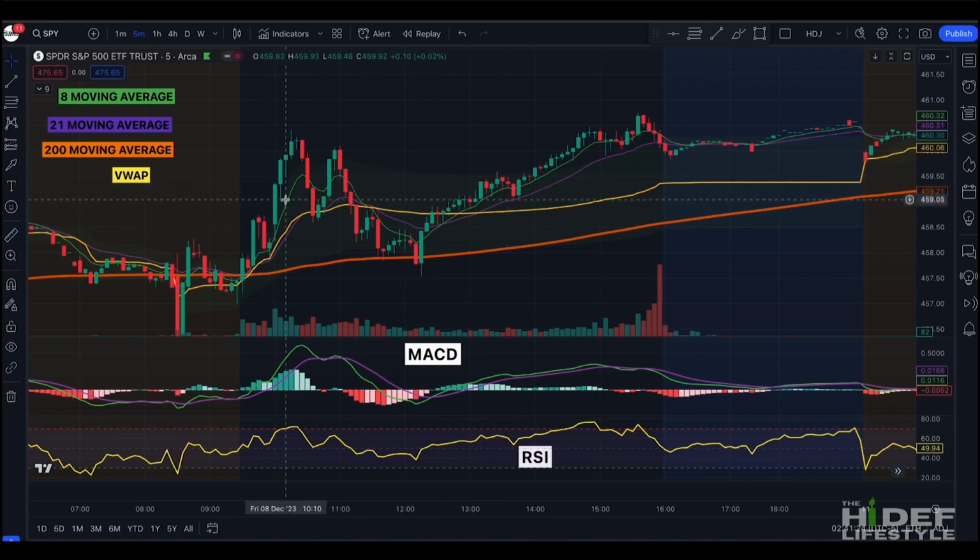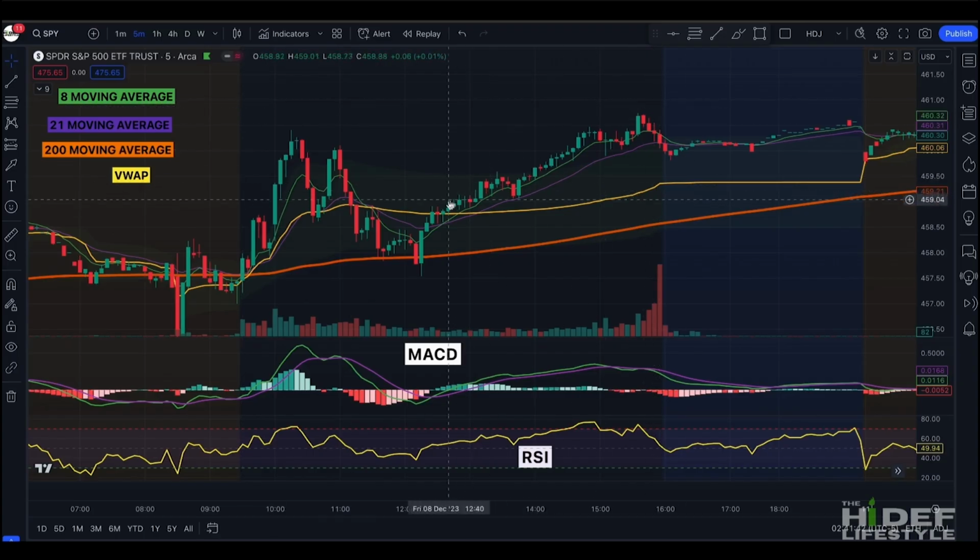So if you look at this green line, these up here went above it, came back down, but look here, it stayed along this 8 moving average pretty much for the rest of the trading day. This here is one trading day, from here to here, from open to close.